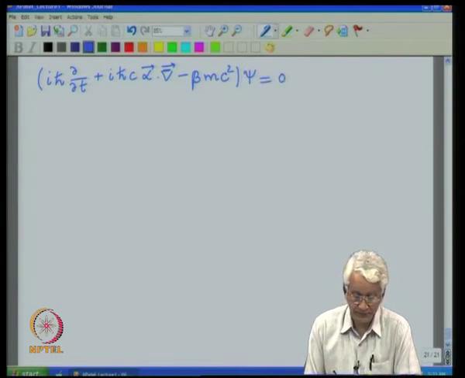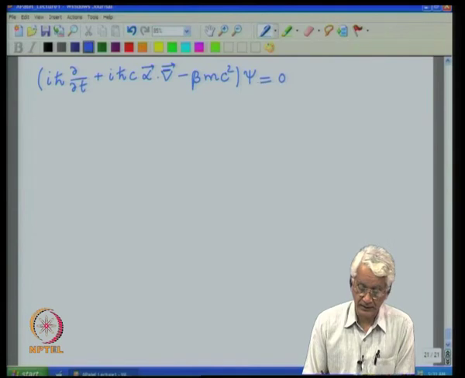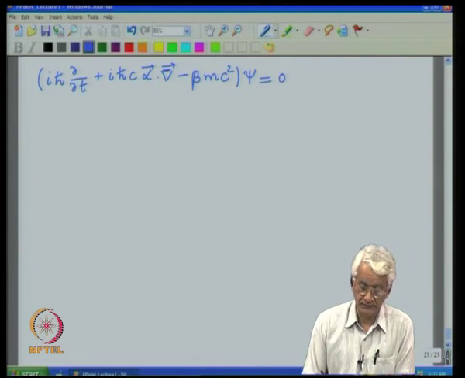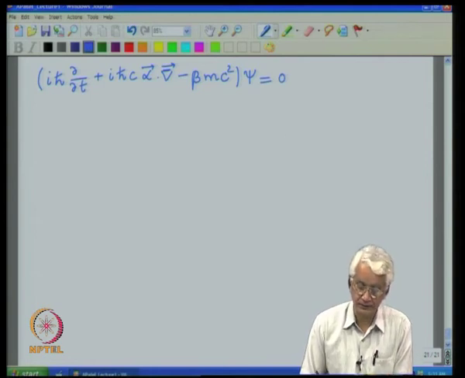Since the matrices are from Clifford algebra, the wave function also will be a column vector of the same dimension as the size of the Clifford algebra, and so it will be a multi-component quantity, and we will come to the interpretation of what these various components mean very soon.